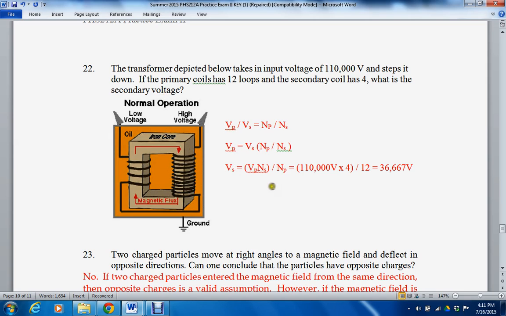The secondary voltage equals VP NS divided by NP. So we count up the number of loops on each side. Primary voltage 110,000 volts times 4 divided by 12, the number of loops on the high voltage side, and we'd step down to 36,667 volts.